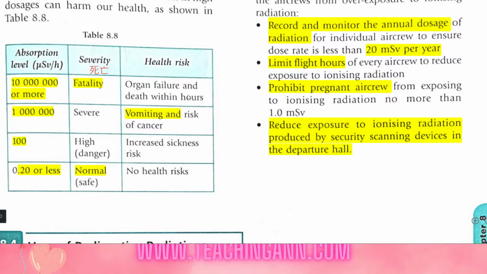Somebody sacrificed. Go and find out the history of this radiation. Understand, radioactive radiation is very interesting. There are a few scientists who sacrificed themselves because they were overexposed to all these things.